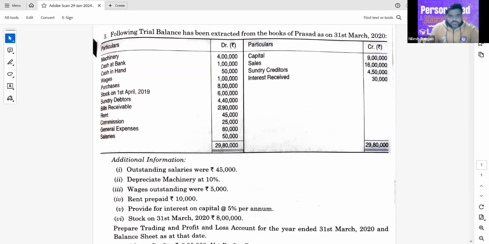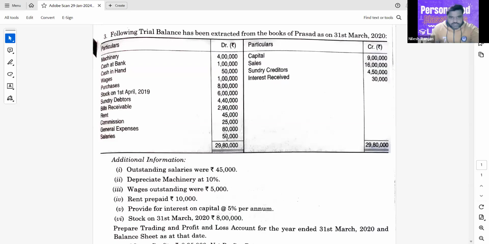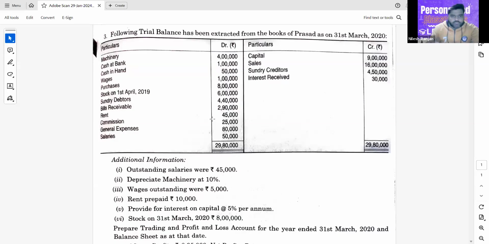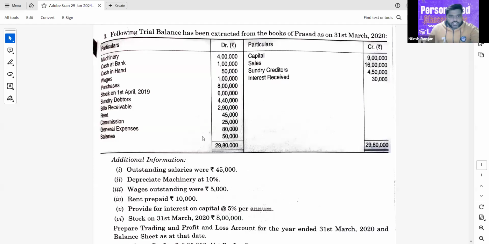Now, sundry debtors 4,40,000. So sundry debtors 4,40,000. Bills receivable 2,90,000. Then rent 45,000. We have already done this rent. After that, commission 25,000.